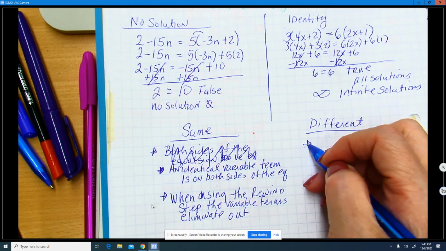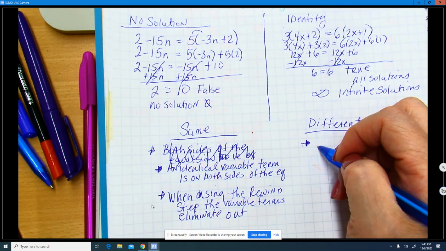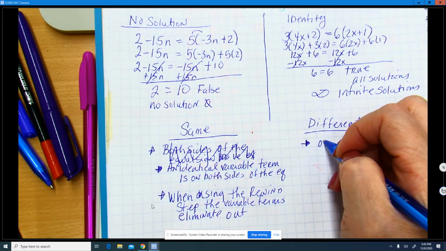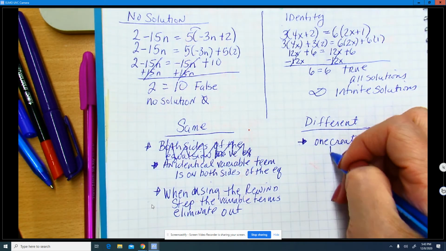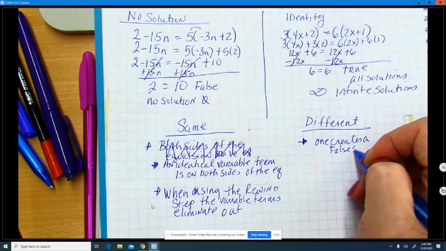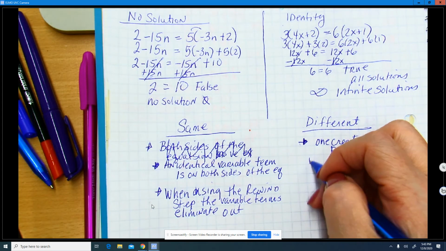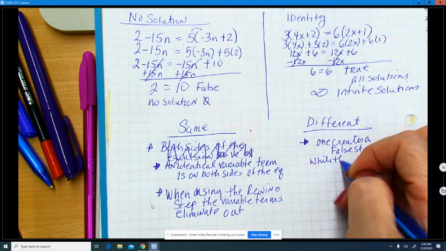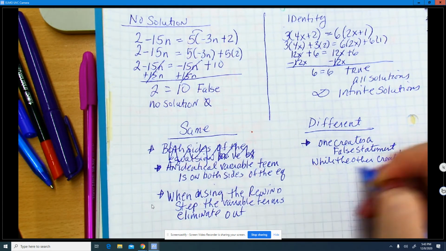Okay? Things that are different: one creates a false statement, while the other creates a true statement.